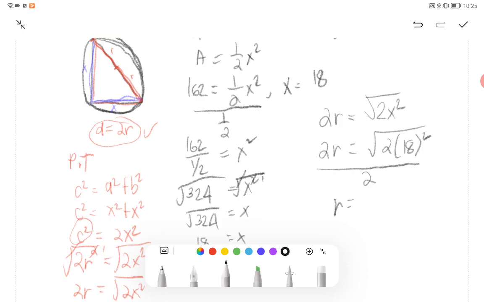So we have the r value, which is equal to 12.73 centimeter. So that will be our final answer.